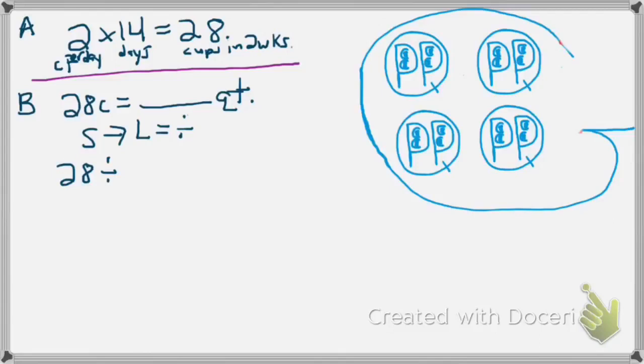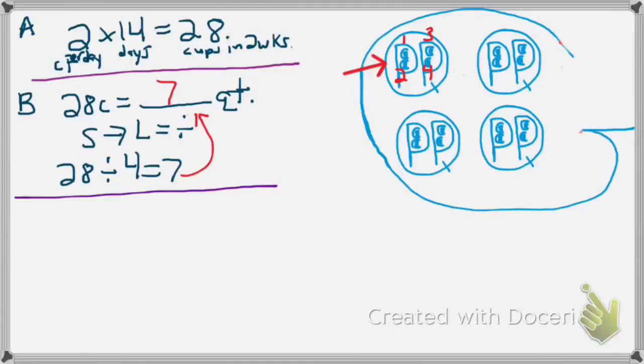And let's see how many cups are in a quart. We look at our gallon guide picture. We have 1, 2, 3, 4 cups in a quart, so I'm going to go ahead and put my 4 down here. So we have 28 divided by 4. I know from my 4 times tables that equals 7. So I'm going to write that right up in my line, so 28 cups equals 7 quarts.